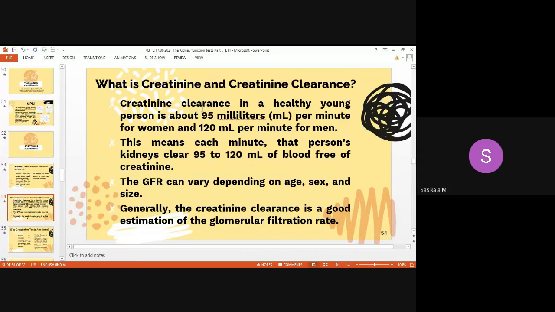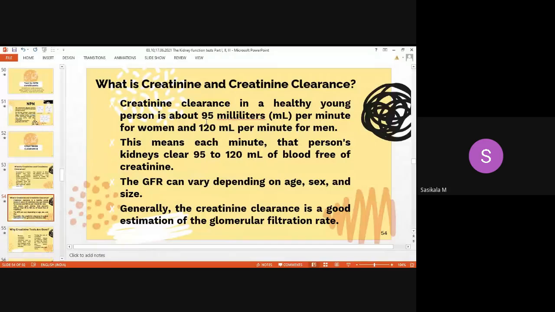Then creatinine clearance in a young healthy person is about 95 milliliters per minute for women and 120 milliliters per minute for men. Okay, this is the creatinine clearance in volumes.